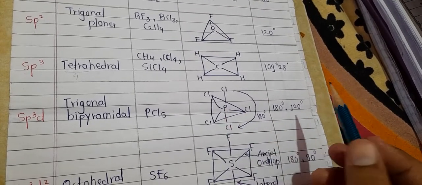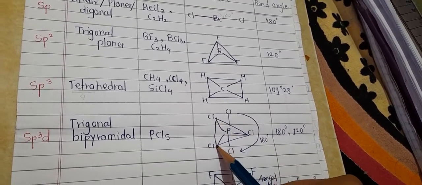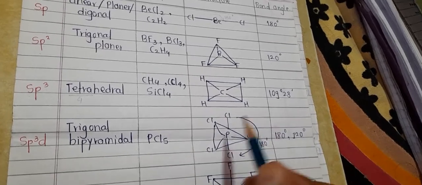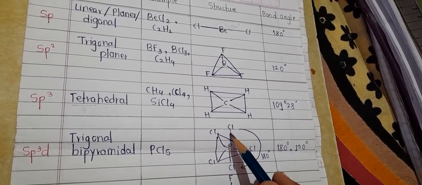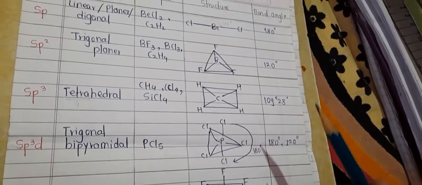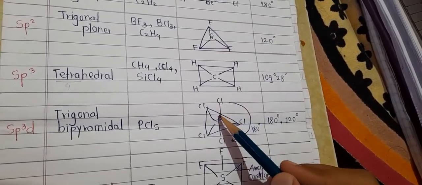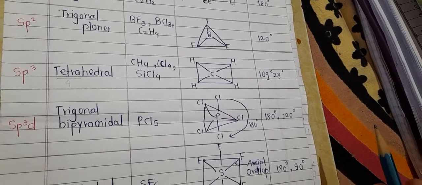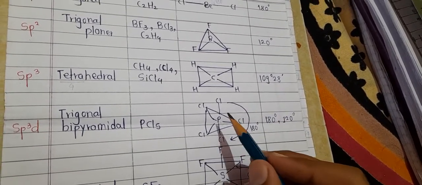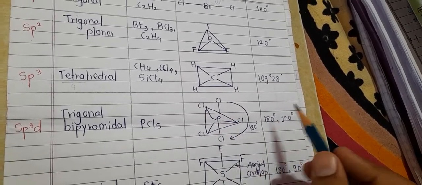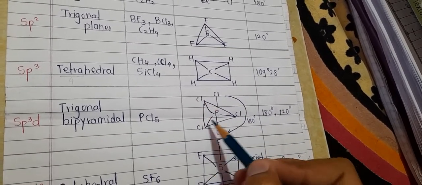Phosphorus is in center and 3 chlorine atoms are on the corners of the triangle and 2 chlorine are on the lateral side. Okay, bond angle is 120 in these two and 120 in these three.